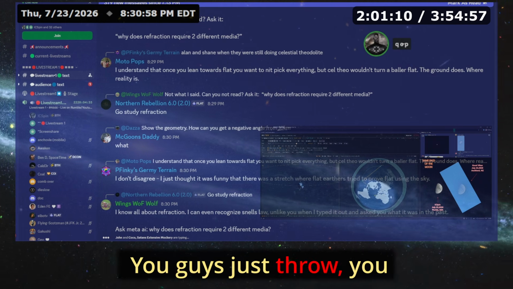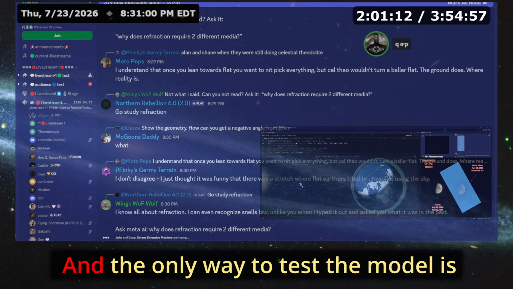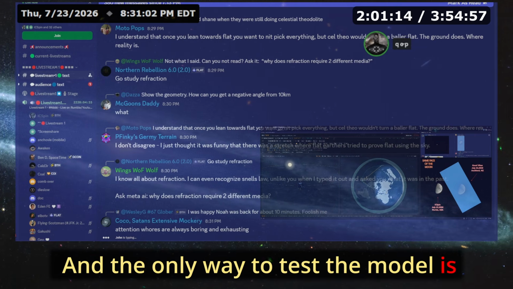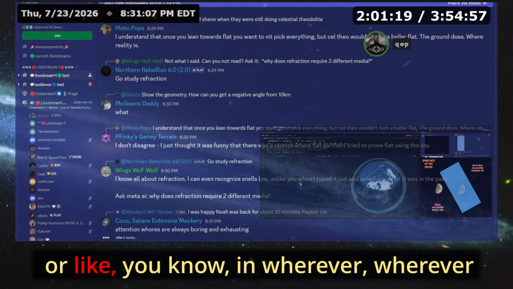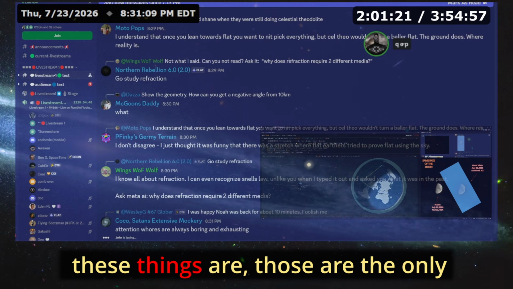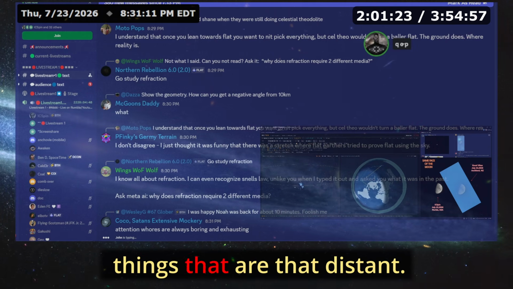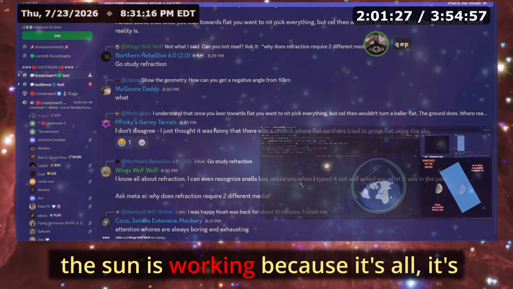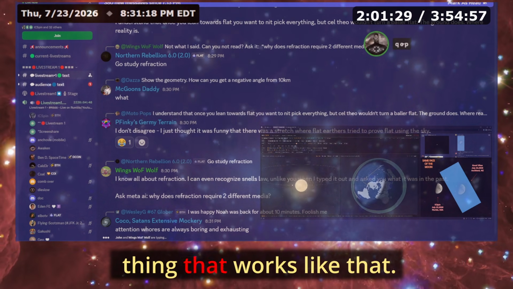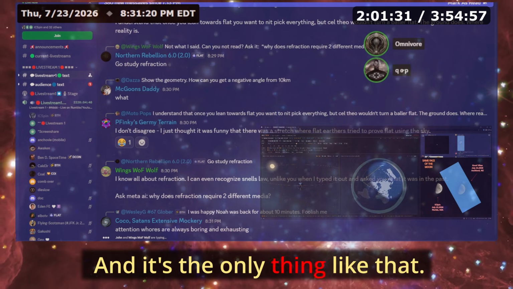You just have a model, and the only way to test the model is with things that are in space. Those are the only things that are that distant. So we can't know how the sun is working because it's too far, and it's the only thing like that.